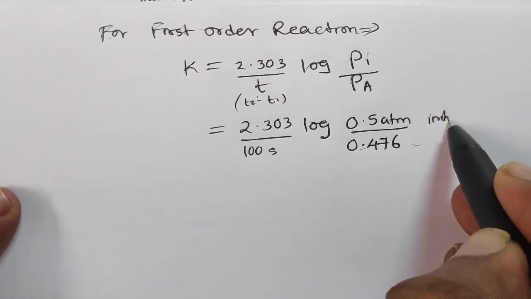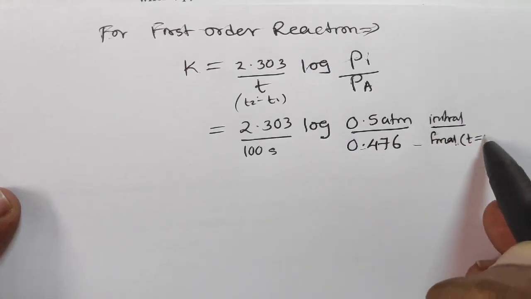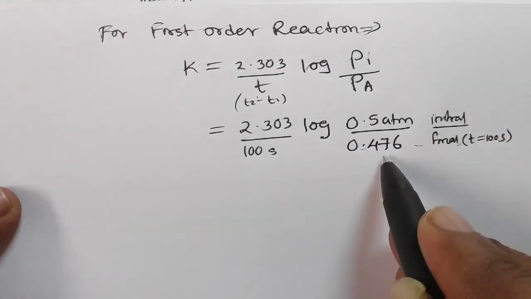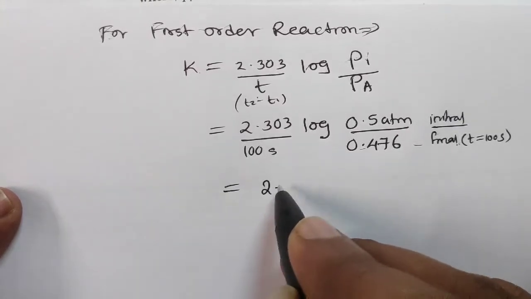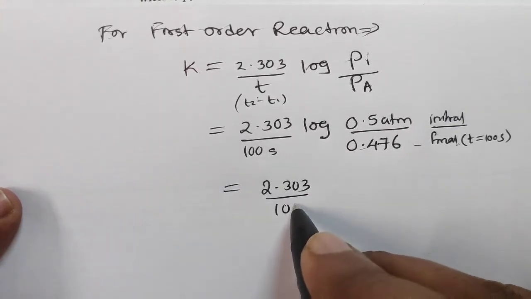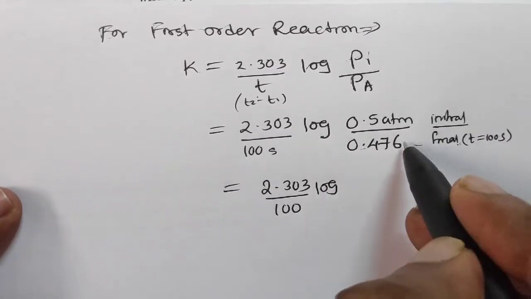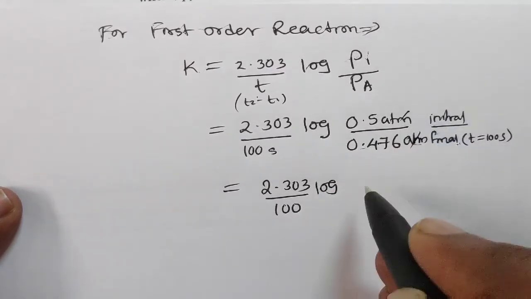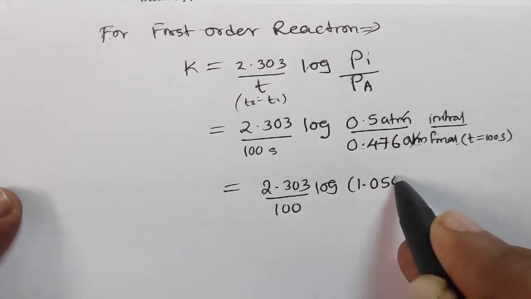Like this you can write initial upon final. Final is when t is equal to 100 seconds, which is why I have taken the value we calculated. Now if you calculate 2.303 by 100 log of this, the atm cancels and the ratio will be 1.0504.